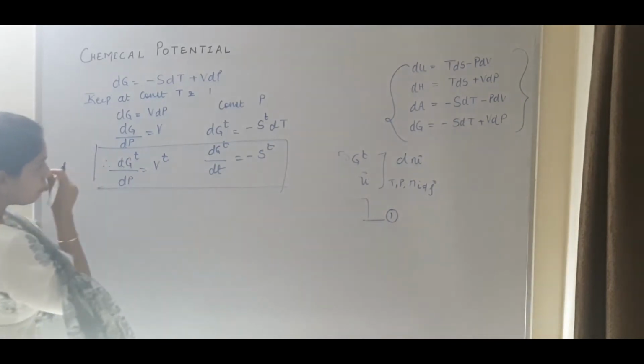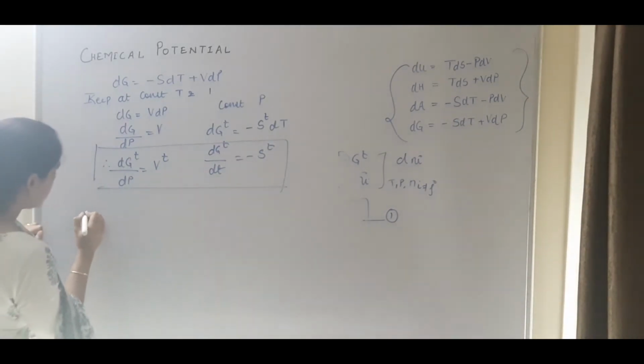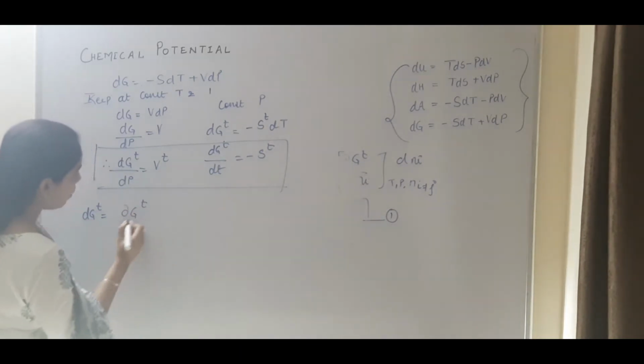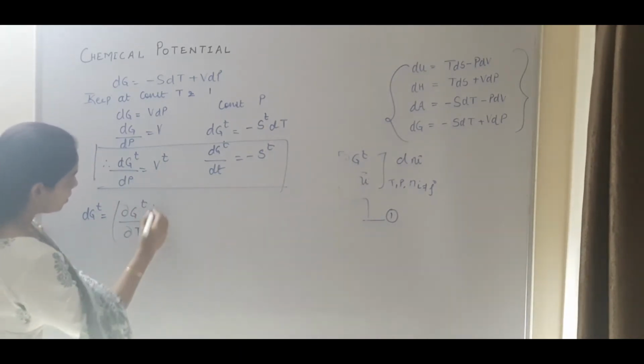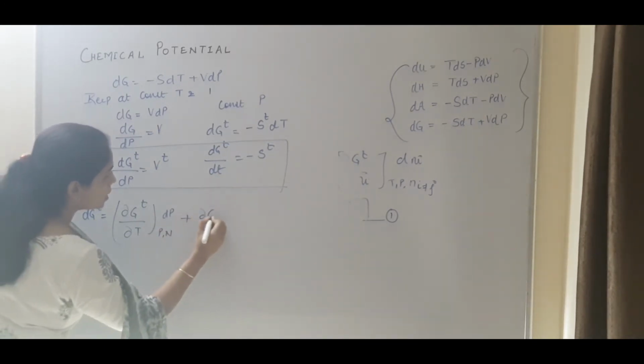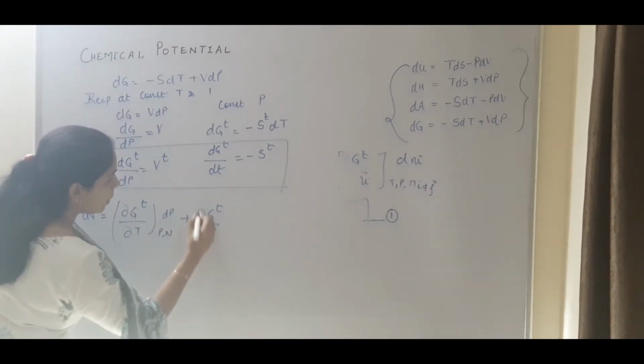So now we have dGt equals the partial of Gt with respect to T dT, where P and n are constant, plus the partial of Gt with respect to P.